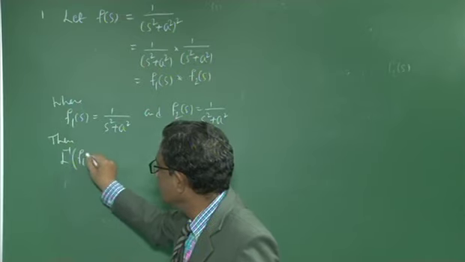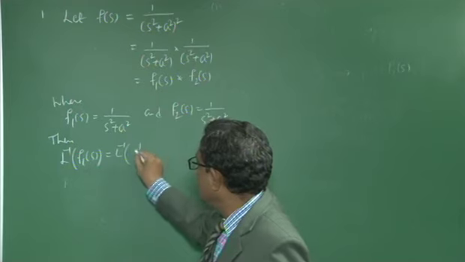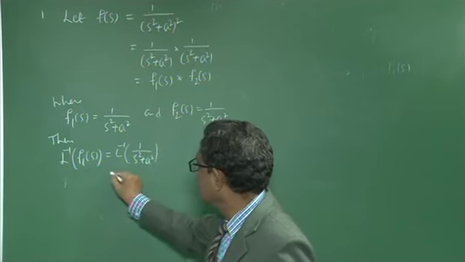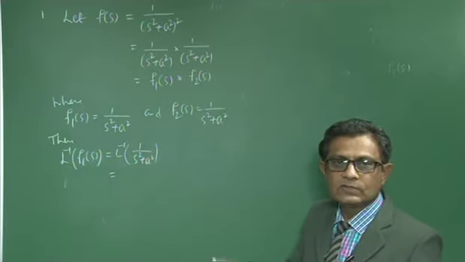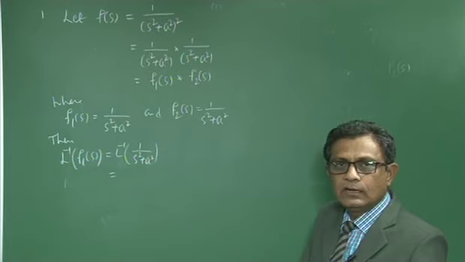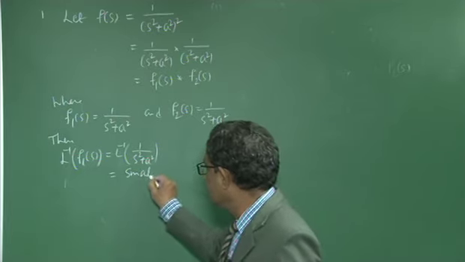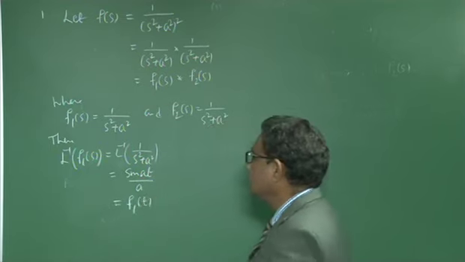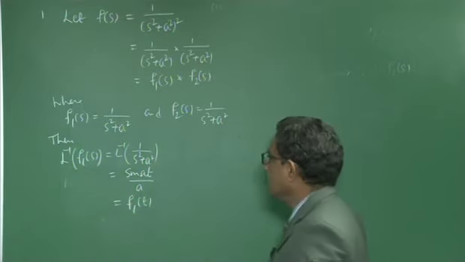L inverse of F1 of s, L inverse of 1 divided by s square plus a square. What is the standard formula? L inverse of 1 divided by s square plus a square is sin at by a. You can take it as F1 of t.